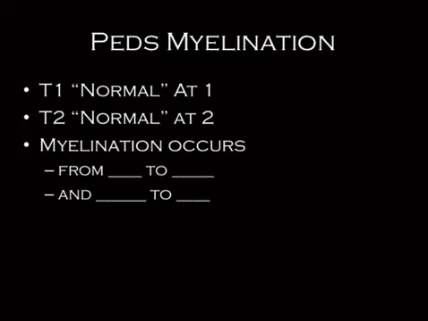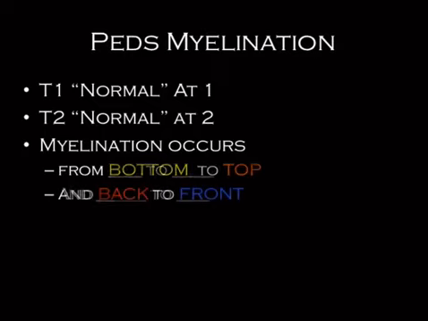But that is something that people can do, because of this back to front, bottom to top pattern. Now, the brainstem and posterior limb of the internal capsule are normally myelinated at birth, and that is a piece of trivia that could be asked, although that would be pretty tough too.